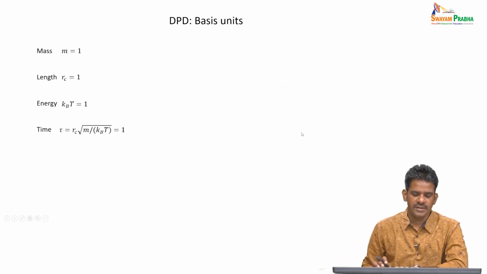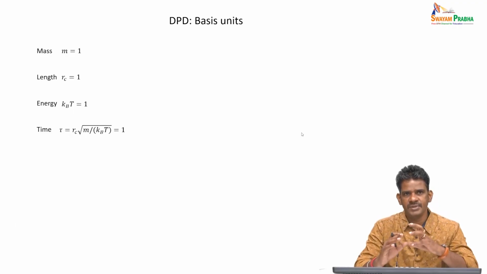In DPD simulations, we also use a set of basis units, and you have to remember that in a DPD bead there is no size mentioned. This is because we are talking about a DPD bead as a collection of atoms. Since there is no length scale in the system as such, because there is no molecular diameter, we consider the cutoff distance of the weight function that we chose as the length scale.